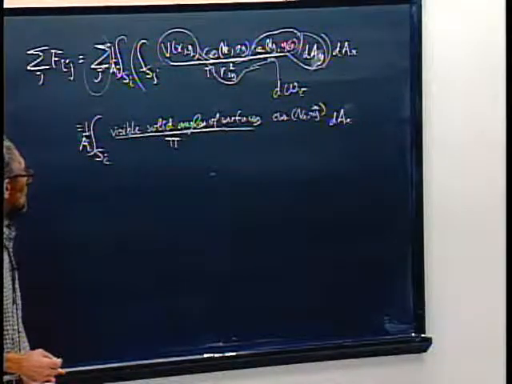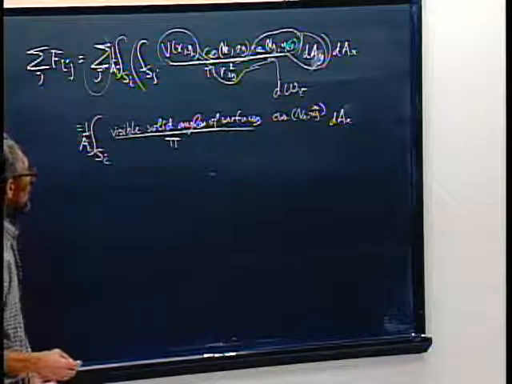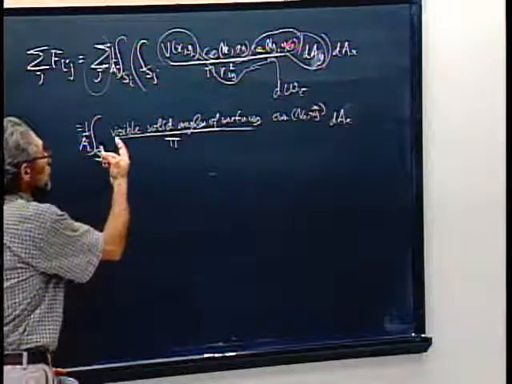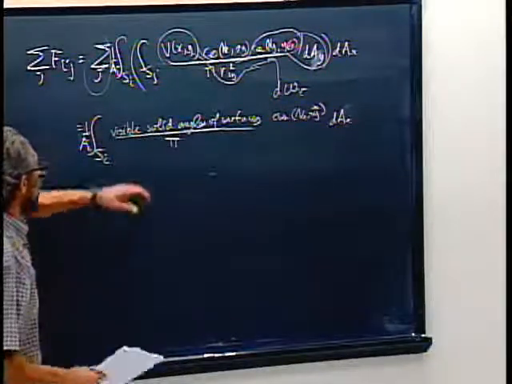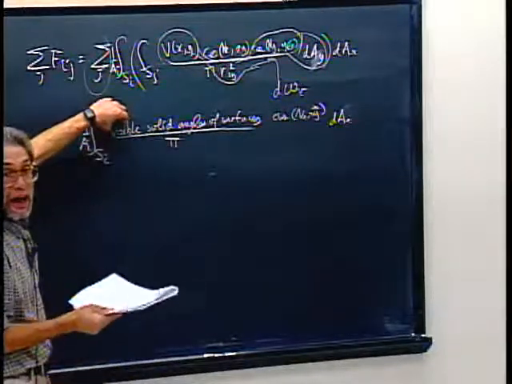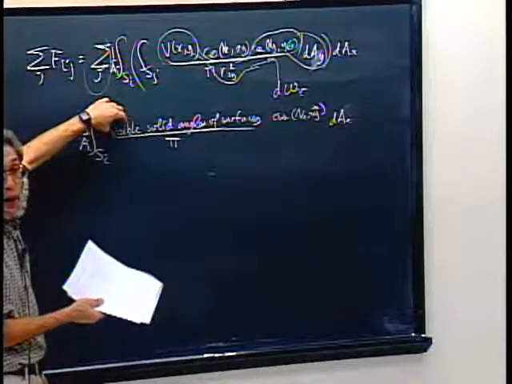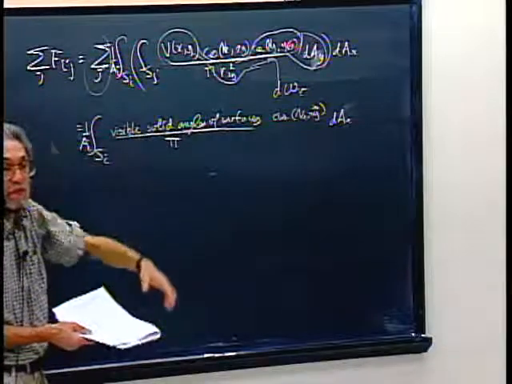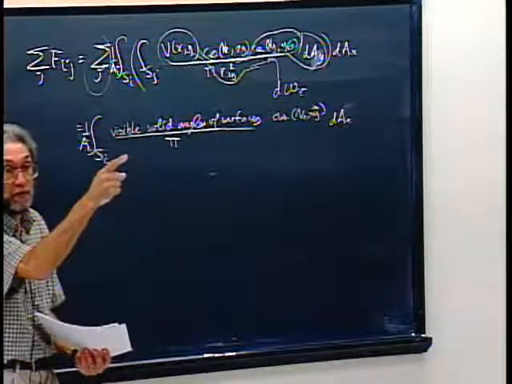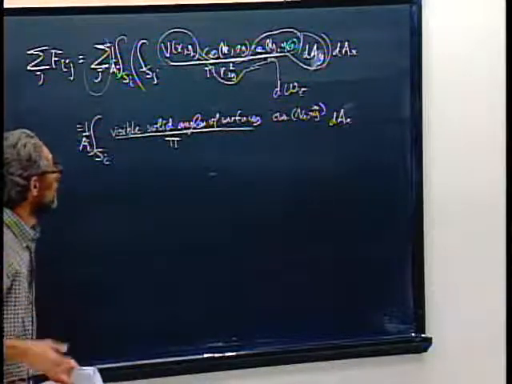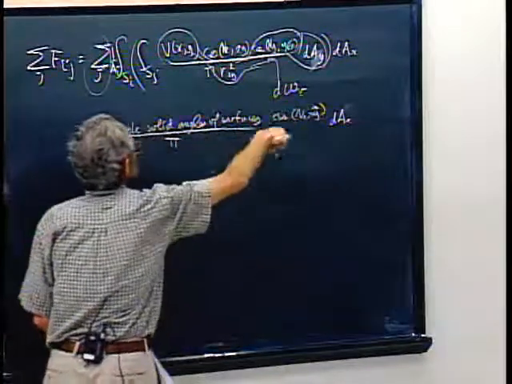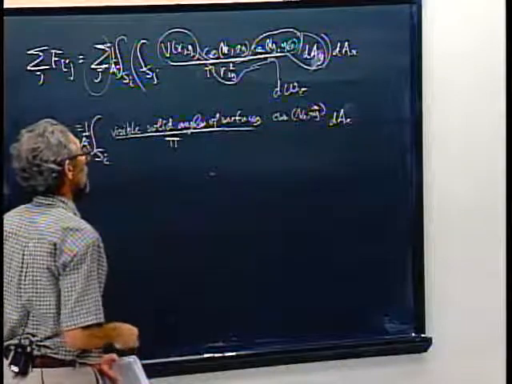And if all the surfaces were visible, this would just be the integral of all the solid angles weighted by the cosine, and that would be pi. If some of the surfaces aren't visible, I mean, if some directions don't hit a surface, just go off into outer space, then this factor will be less than pi.